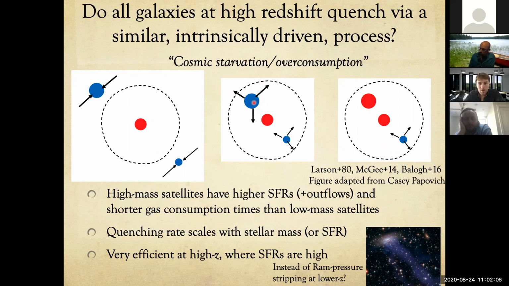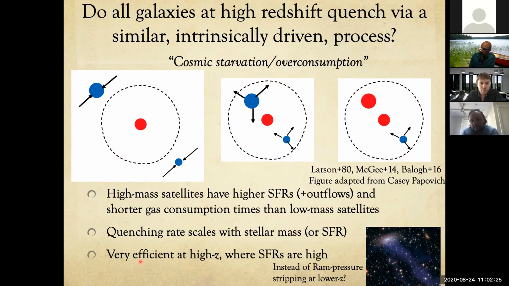But because the star formation rate of high-mass star-forming galaxies is higher than that of low-mass galaxies, they have a shorter gas consumption timescale, and therefore they run out of gas more quickly than their low-mass counterpart. And that can introduce the mass-dependent environmental quenching which we observe in the data.